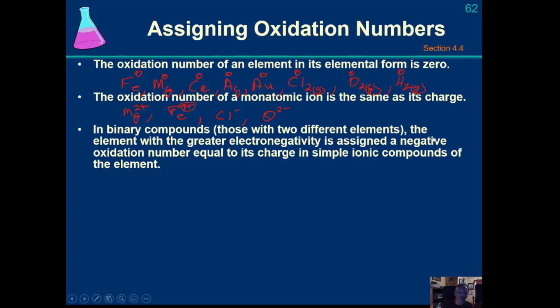So I'll give you an easy one. Here I have FeO. What I'm trying to figure out is what are the oxidation states in this compound. So I'm going to split these up like this. Now, you know metals love to lose electrons. Non-metals love to gain electrons.